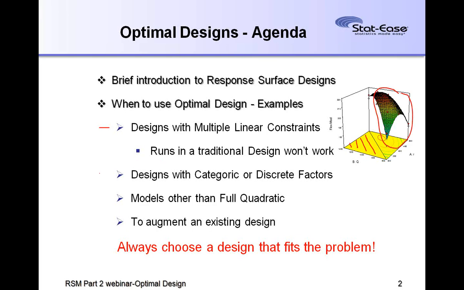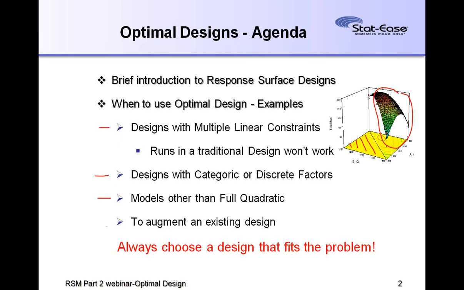Then we're also going to move on to designs with categoric or discrete factors, and models other than full quadratic. So response surface designs, all the catalog designs, are generally for quadratic models, but we can actually fit any model that we want with an optimal design. So it's very flexible, and we can put in whatever model we want.